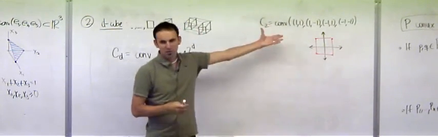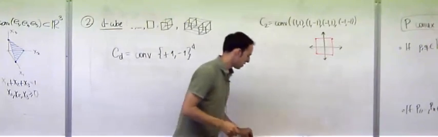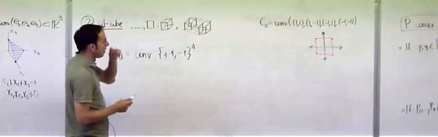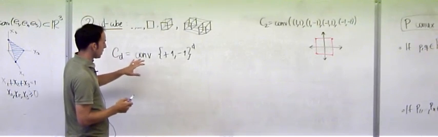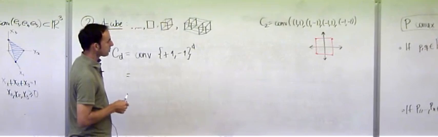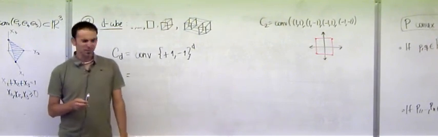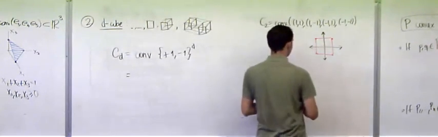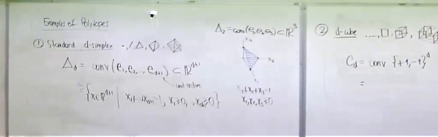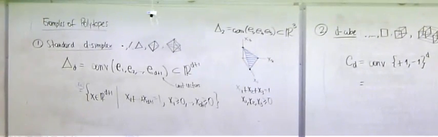The 3-dimensional picture is easy to draw, but maybe not so much on the board. Can you kind of see it? Let's just draw it. Actually, this is not so hard. The 3-dimensional guy is this cube where the origin is right at the middle, right?